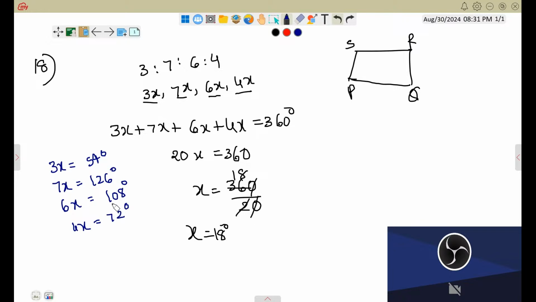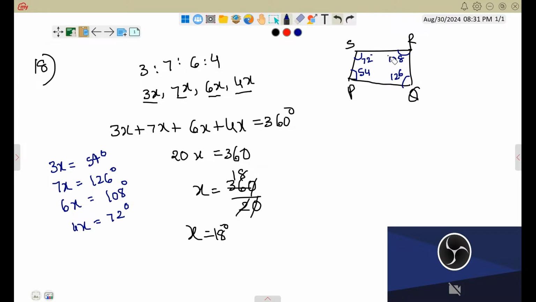Okay. If you observe these four angles, are the adjacent angles supplementary? Adjacent means side by side angles. So P is 54, Q is 126, R is 108, S is 72.